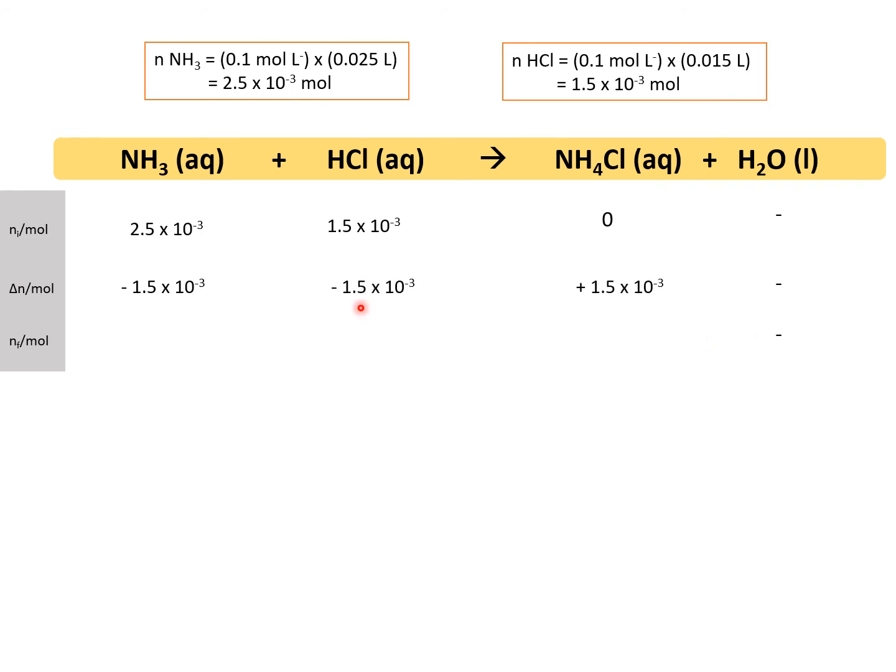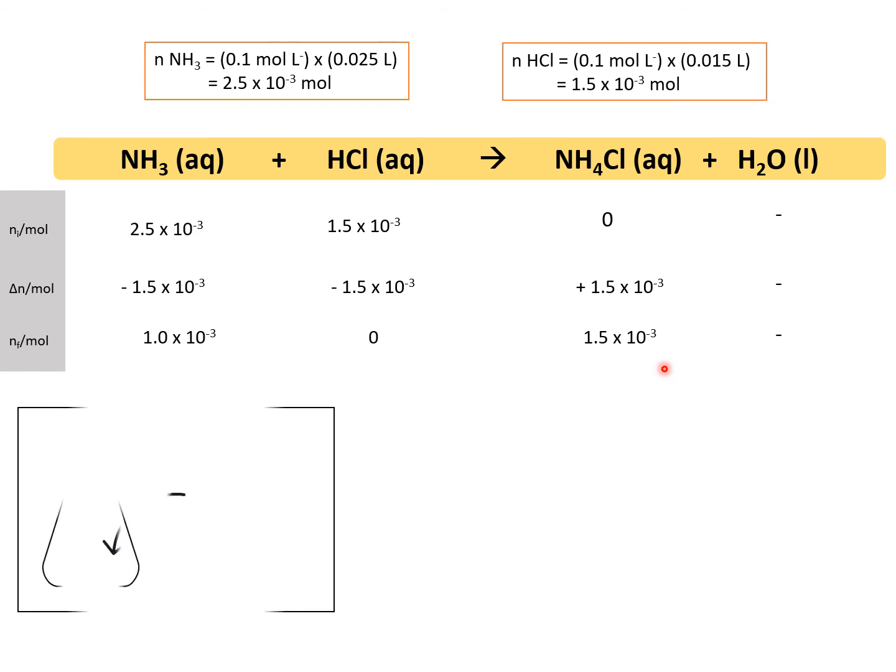So, change kita, since HCl yang sikit, so change kita adalah berdasarkan number of mole of HCl. Okay, so minus 1.5 times 10 negative 3. Kat sini plus. So, final number of mole yang tinggal, baki yang tinggal untuk NH3 adalah 1 darab 10 kuasa negatif 3. HCl habis, consume, and NH4Cl is produced sebanyak 1.5 times 10 to the power of negative 3.